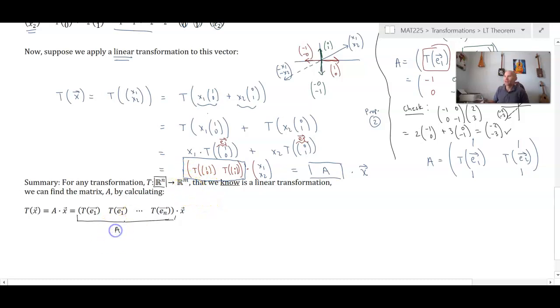My A matrix will contain the transformation applied to each of the basis vectors in n dimensions. It will have n columns and it will have m rows. We'll see how we can actually toggle between dimensions in a future video. X is an n by 1 vector, and when we multiply these two together, we get an m by 1 vector.